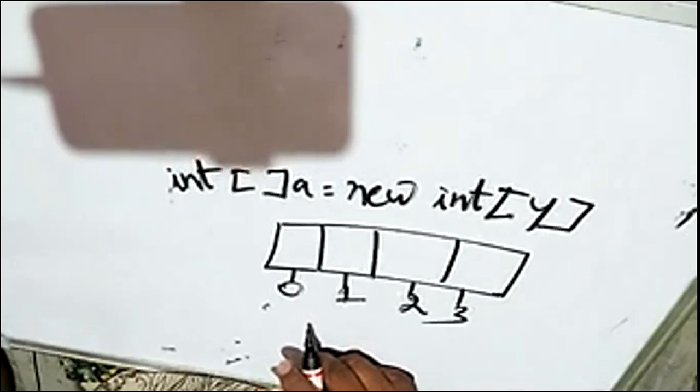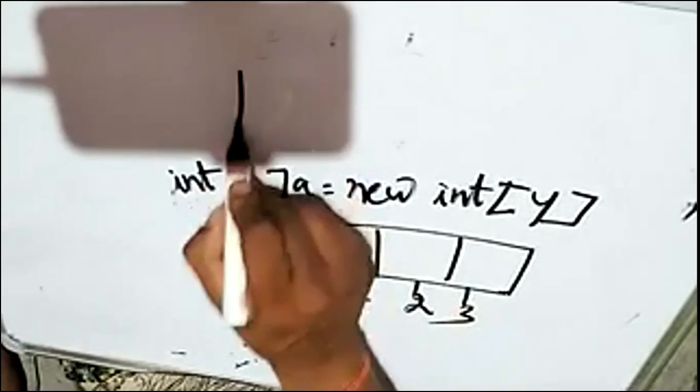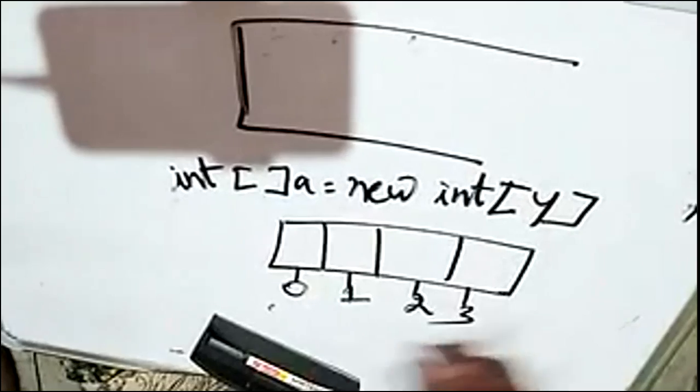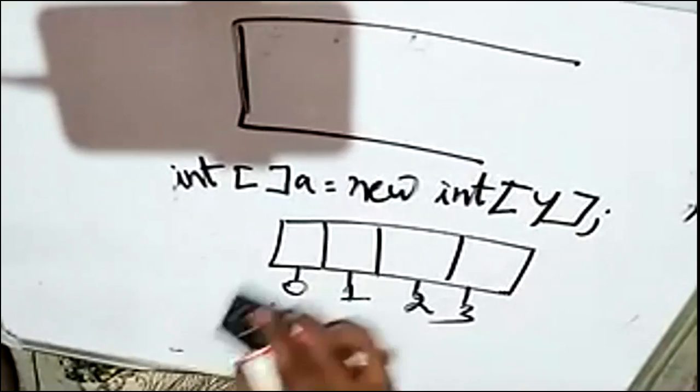Then the multi-dimension array. This is one way of declaration of a single dimension array. Another way of declaration is what?